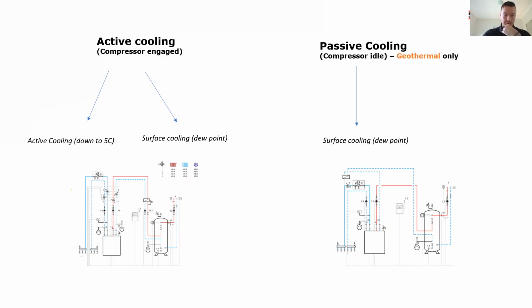Because an air source heat pump, even when we do the surface cooling, which is a higher flow temperature, around, as I said, 15, 16 degrees, tepid sort of temperatures, it still needs to engage the compressor. Not as much, obviously, as cooling the water down to 5 degrees, but it still has to work. So active cooling breaks down into active cooling down to 5 and surface cooling, which is 15, 16 degrees, depending on the dew point in the building.